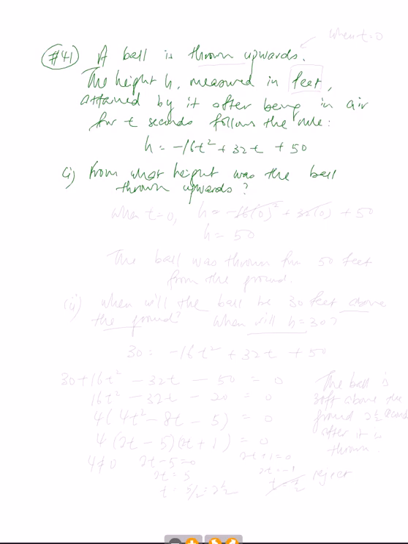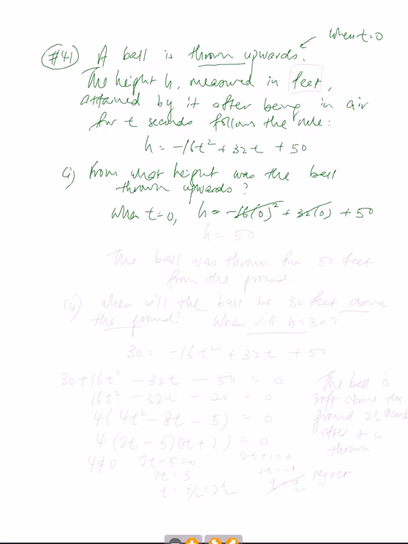You are told the ball is thrown upwards. This is at the beginning of time, so this is when time is 0. So what this question is asking you is, what is h when t is 0? When t is 0, h is equal to negative 16 times 0 squared plus 32 times 0 plus 50.